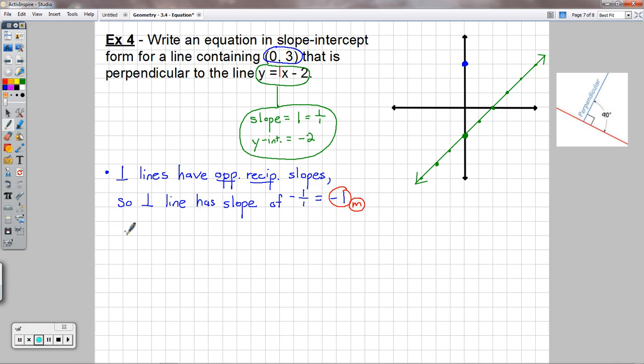So therefore we can say the equation for a perpendicular line containing (0, 3) is going to be this.